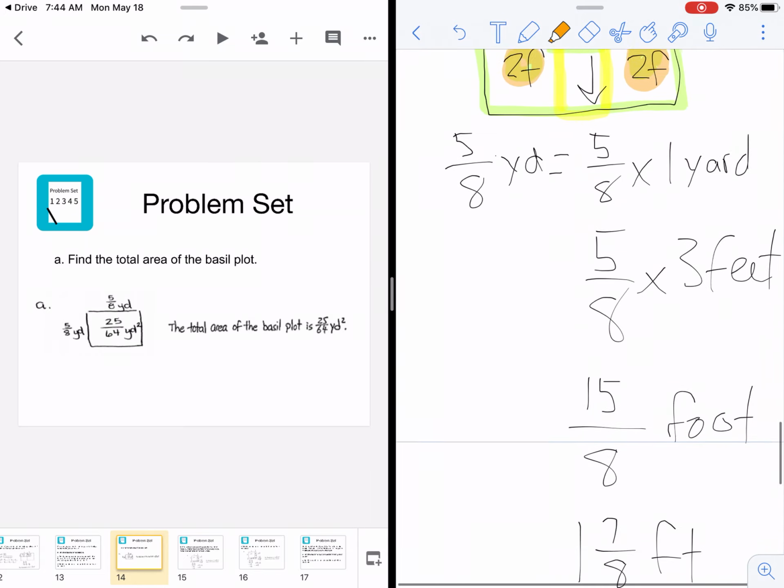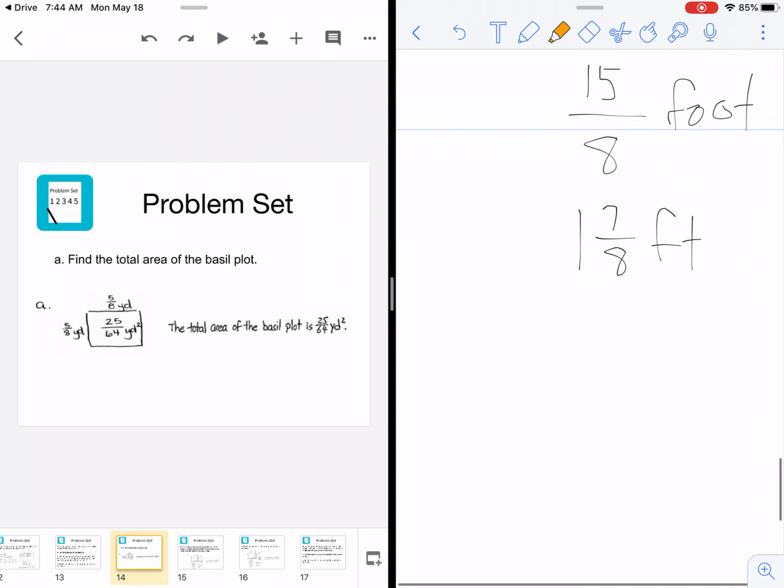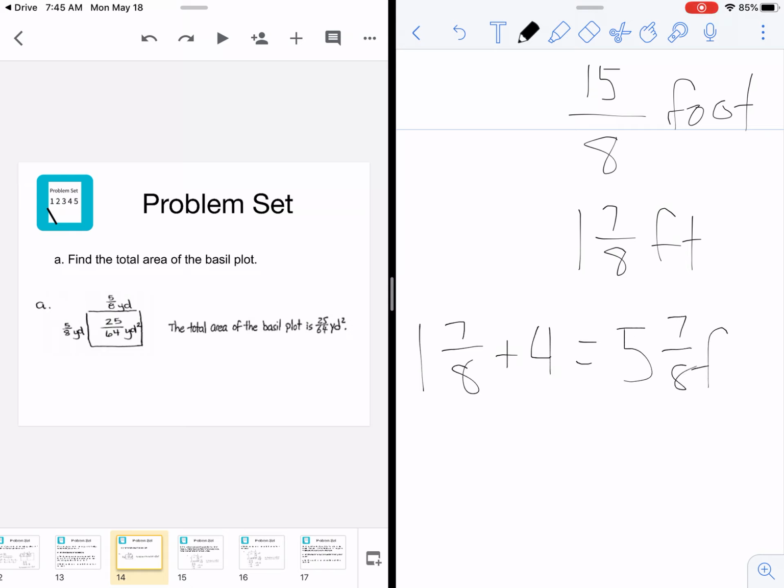Okay, so we're going to go all the way down here. Just wanted to show you what I was doing. So 1 7/8 plus 4 feet gives us 5 7/8 feet.